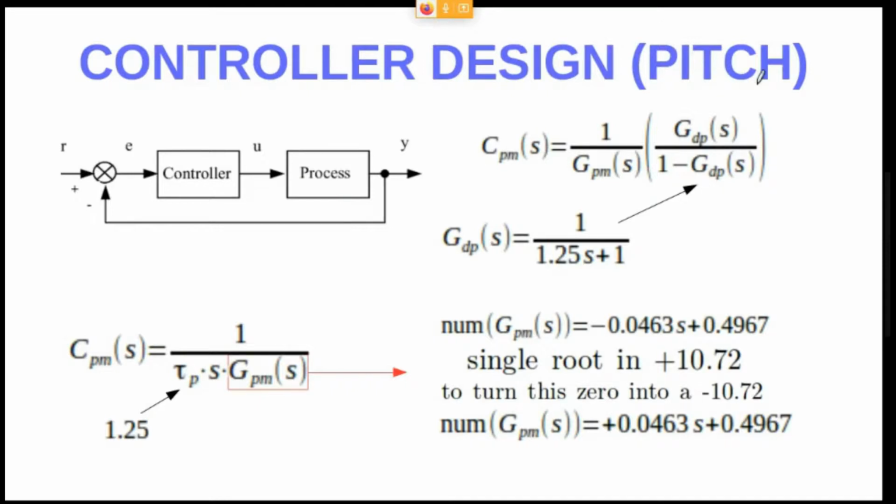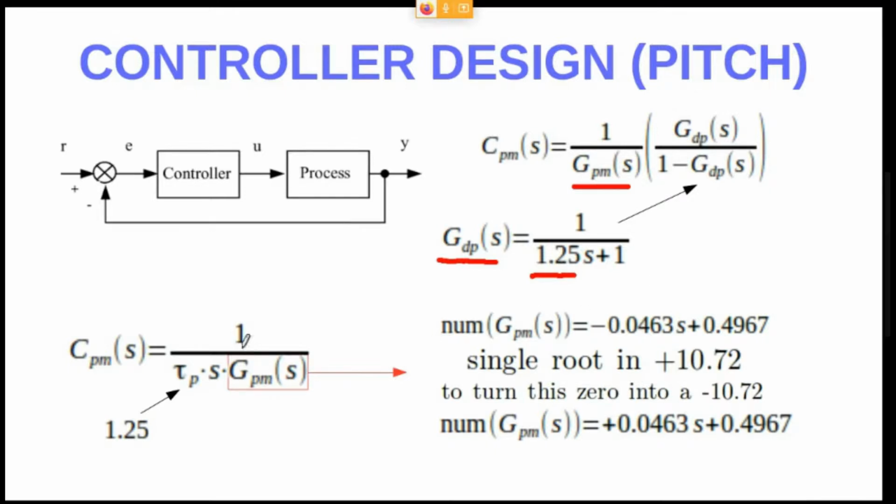And the same goes for the pitch angle. Remember that the formula is the same, but changing obviously the specified transfer function behavior, right? And the inverse is now about the transfer function that connects the main rotor with the pitch angle. Now the time constant is 1.25, but the same happens.